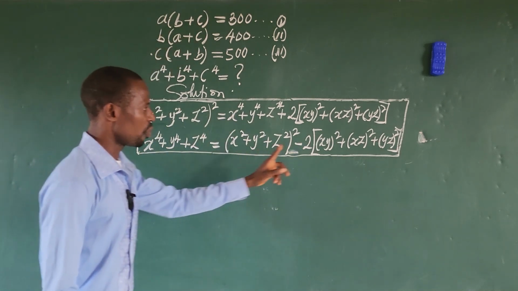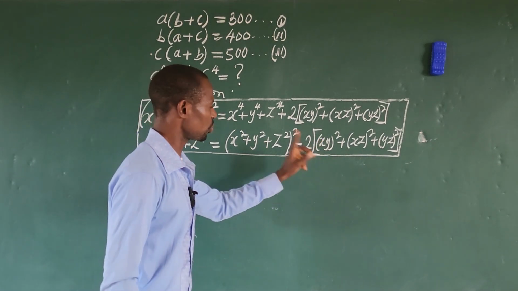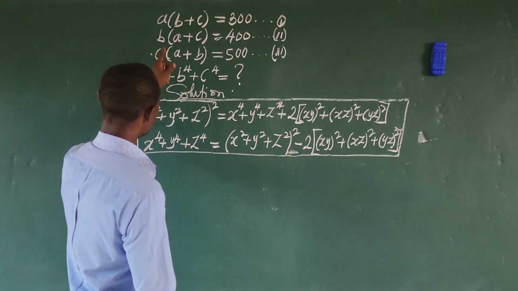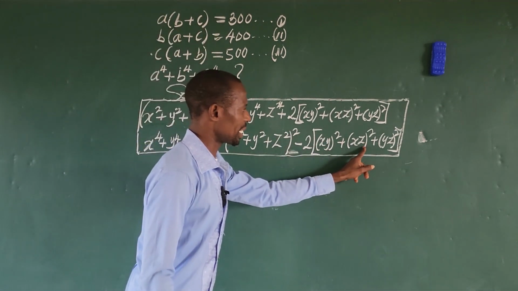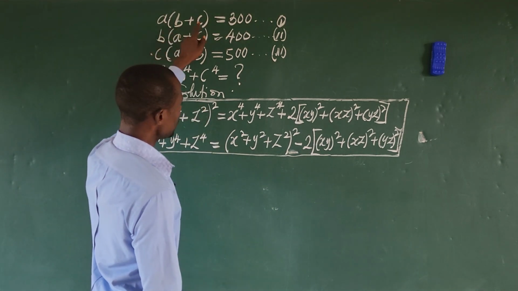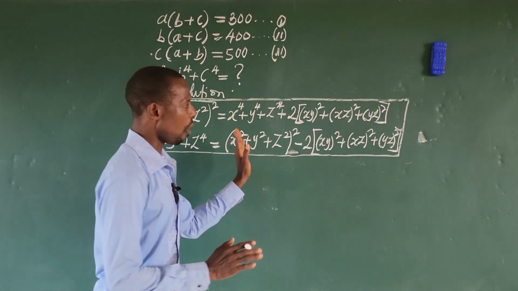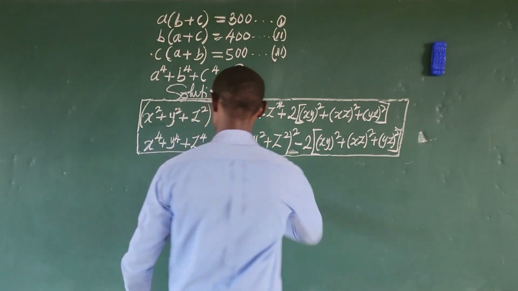Then we also get a way of solving to get our ab, which is our xy, then our ac, which is our xz, then our bc, which is our yz. If we can get all these quantities, then we can get this value here.